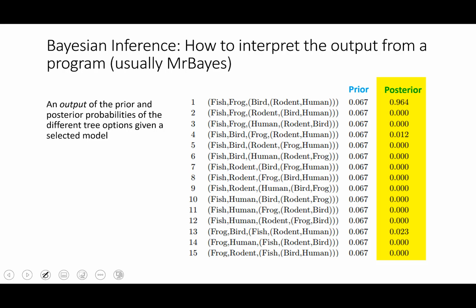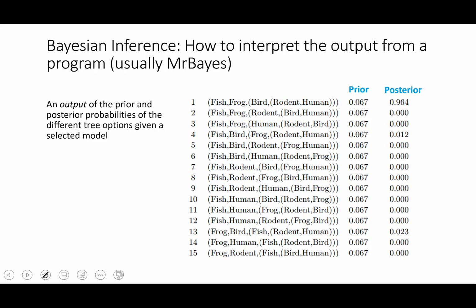There are your posterior values on the right. You will notice that for the 15 trees, each one has a posterior value assigned to it. Some of them are 0. So that means that that particular topology, based on the analysis, has a posterior probability of 0.